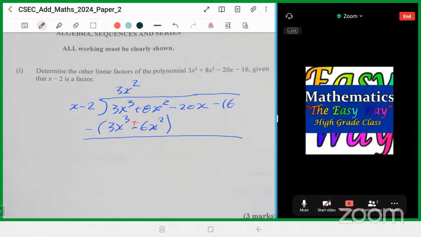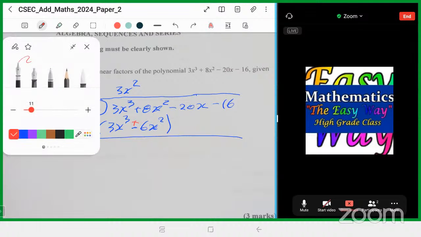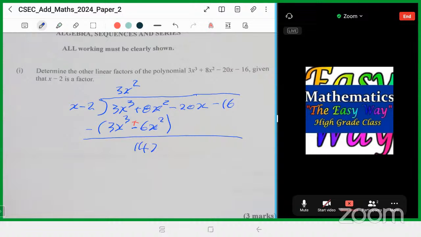Then it is 8x squared plus 6x squared gives us 14x squared. So 8 and 6 is 14x squared. Then these are not subtracting anything, and so they come back unchanged, that is minus 20x minus 16.